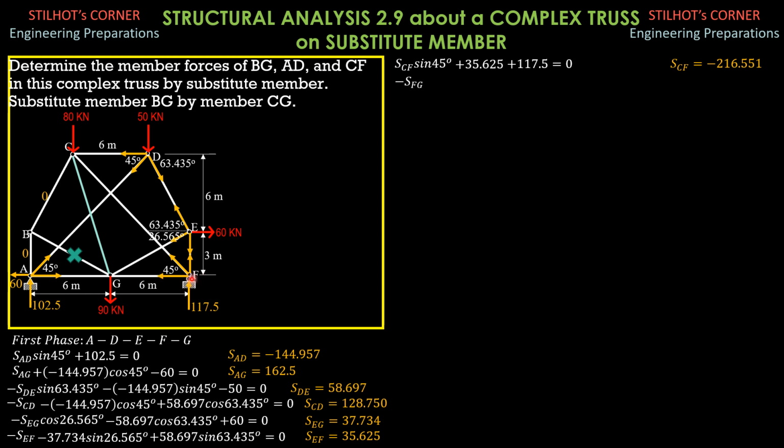So negative SFG plus SEF, which is negative 216.551 cosine 45 degrees, equals 0. So SFG can now be computed, and it is equal to 153.125 kilonewtons. Then check vertically.